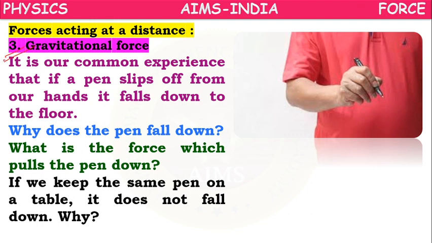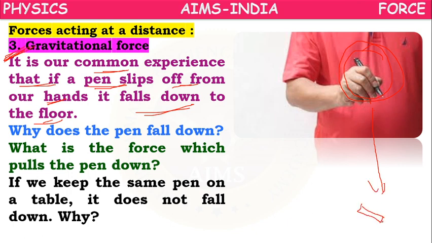Next, we have gravitational force. This is the third force, gravitational force. It is our common experience that if a pen slips off from our hands, it falls down to the floor. Suppose we are holding a pen. If it slips off, it will fall down onto the earth.